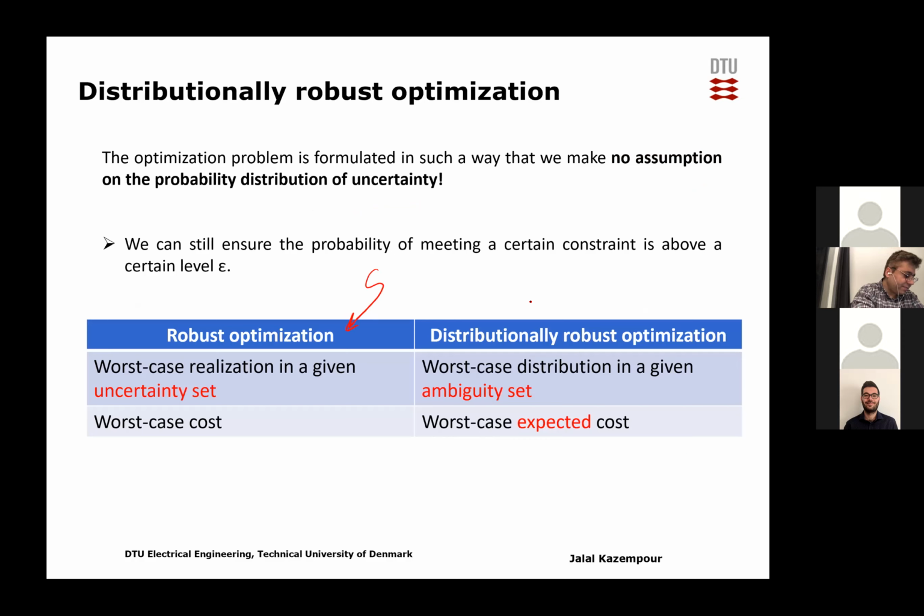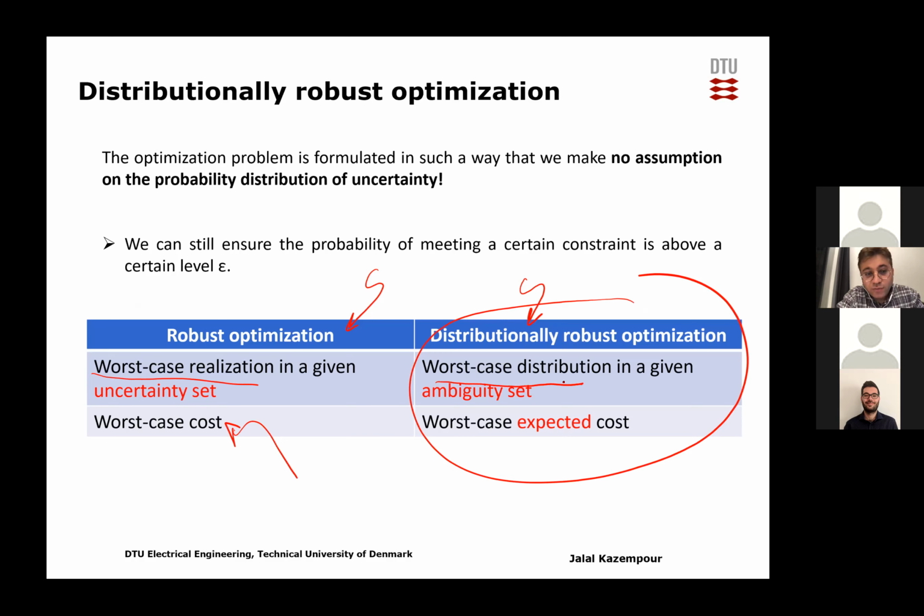But if I compare robust and distributionally robust, robust optimizes under the worst case realization of a given uncertainty set, and we optimize the worst case cost, while in DRO, we find the worst case distribution, not worst case scenario or realization, the worst case distribution in a given ambiguity set.